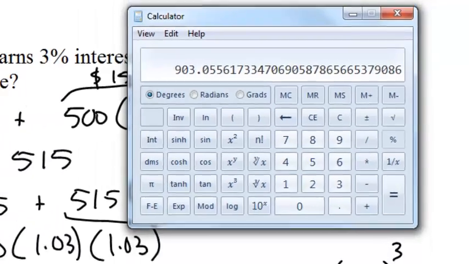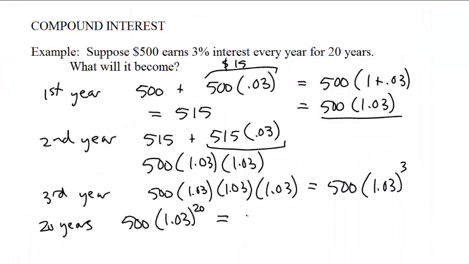I'm going to round up. So I know you waited 20 years and you only got $403.06 in interest. Well, yeah, $400 for waiting 20 years does sound kind of pathetic, but think of it as a percent. We've almost doubled our money.